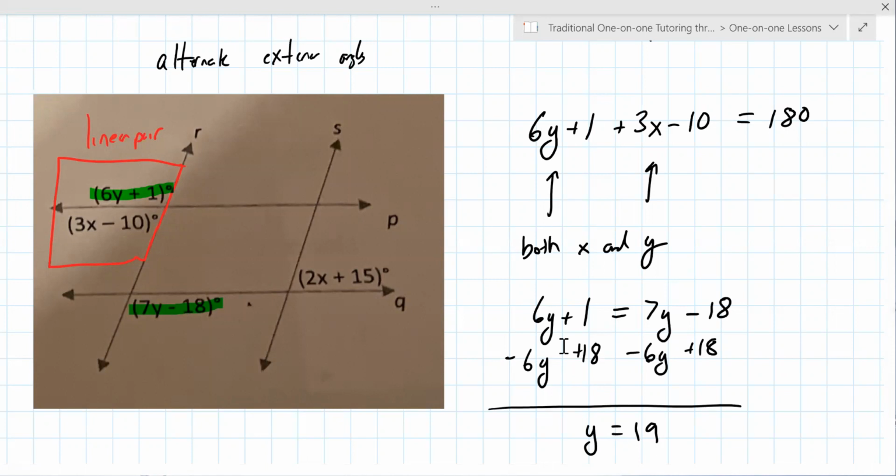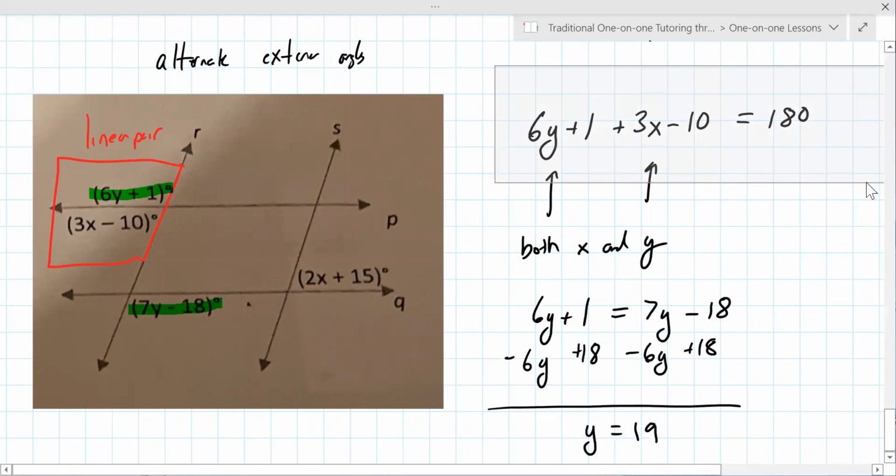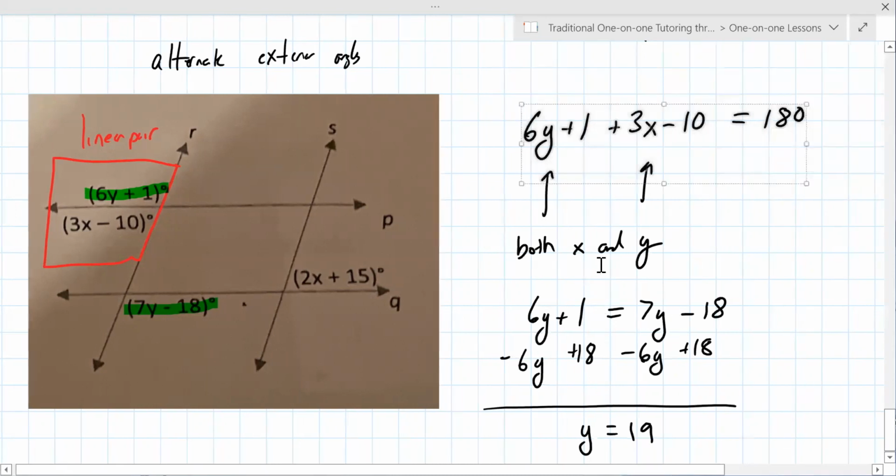Let me know when you get this down. Do I have to write 6y plus 1 equals 7y minus 18, not the above one? We're going to use the above one in a moment, but you got to get this bottom part down first.